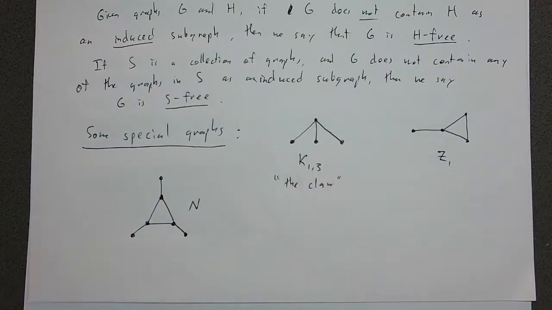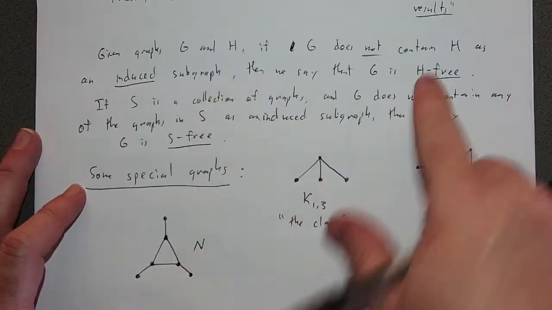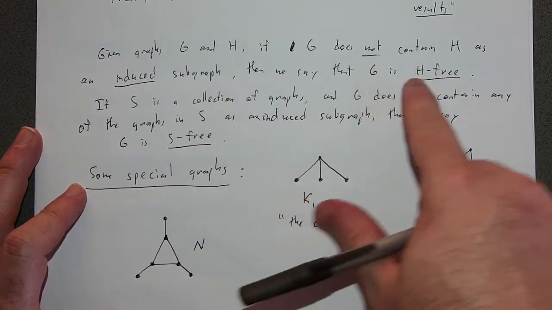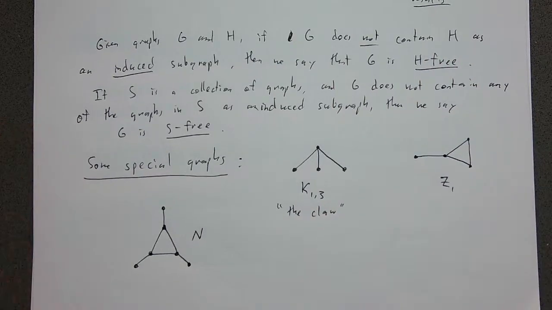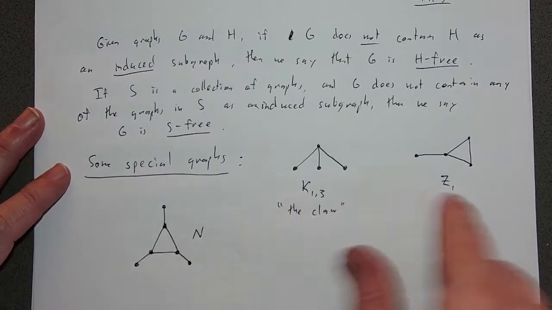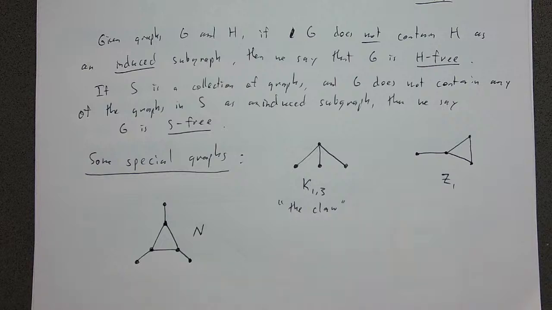This graph is going to come up an awful lot, so much so that we're going to directly say that G is claw-free if it doesn't have the claw in it. But these are the special graph names we need, and that we're going to be using immediately.